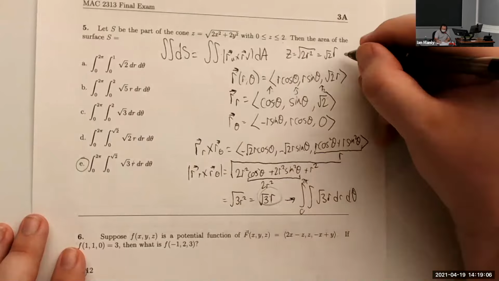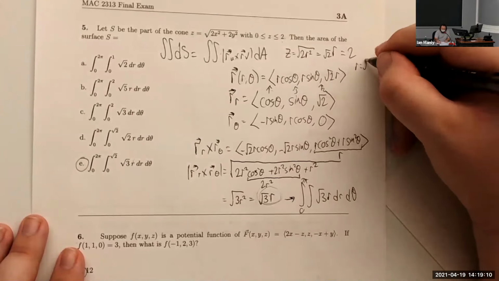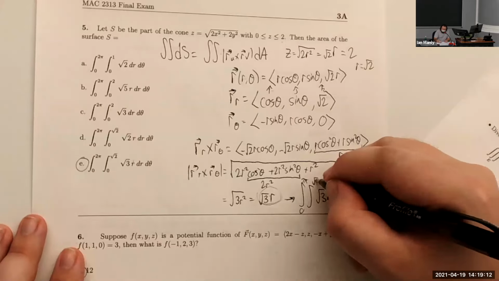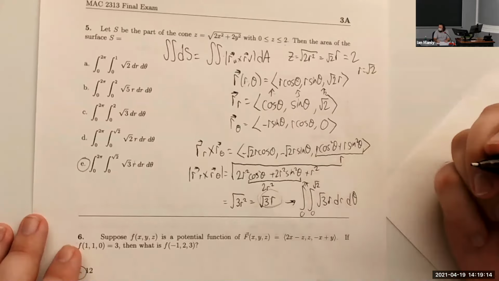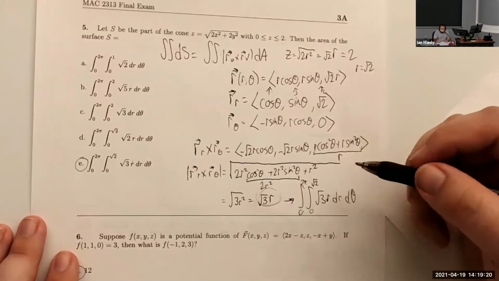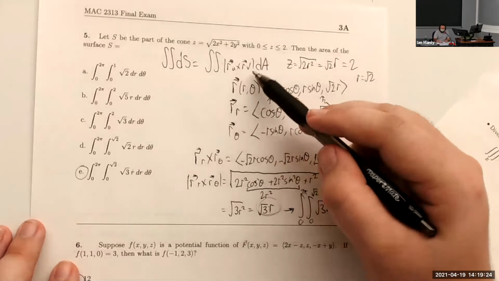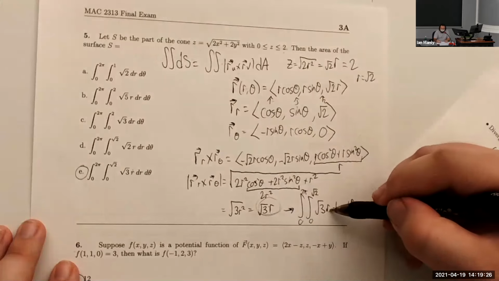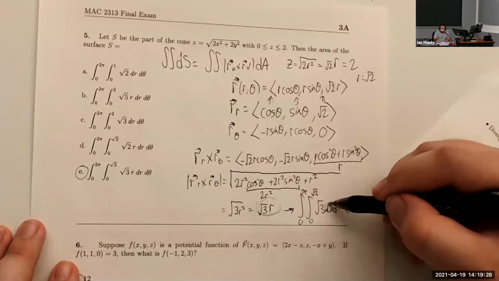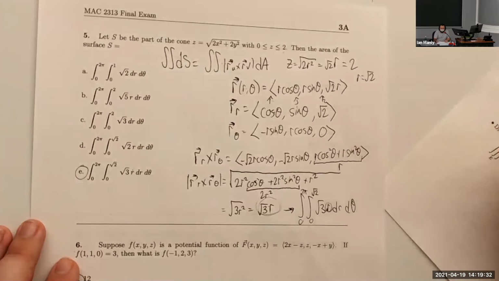So if z is 2, then we divide by root 2 here, and we get that r is root 2. So really the upper bound should be root 2 and not 2 right here. The Jacobian is, I think someone was very astute to notice this earlier, kind of baked into this already. That's why there's an r right here, because we're effectively just using polar coordinates for this.